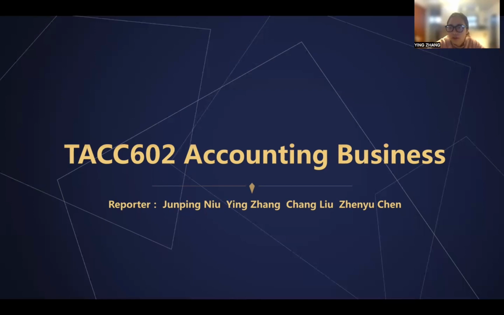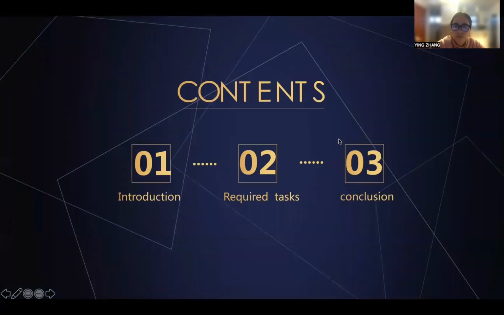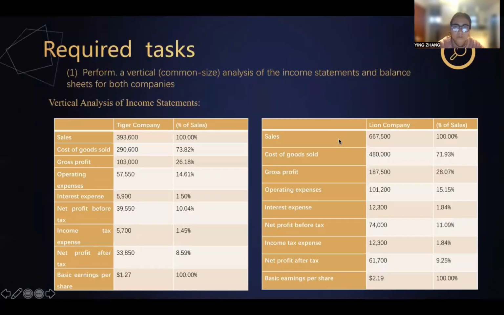From income statement analysis for Tiger Company, the cost of goods sold accounts for 63.82% of sales, indicating a relatively high proportion and suggesting a need for focus on cost management efficiency.